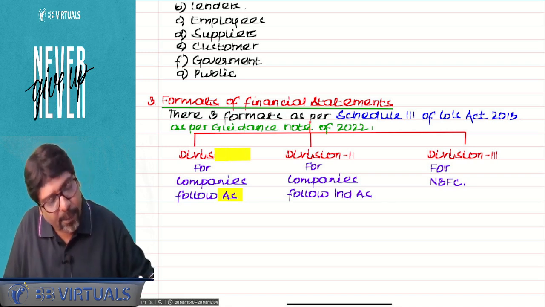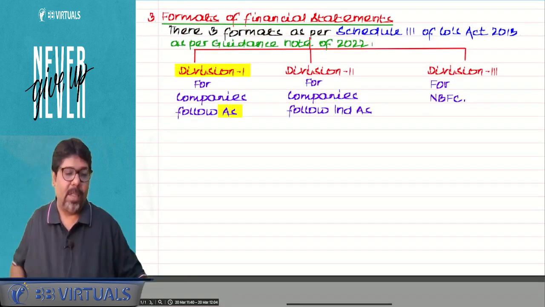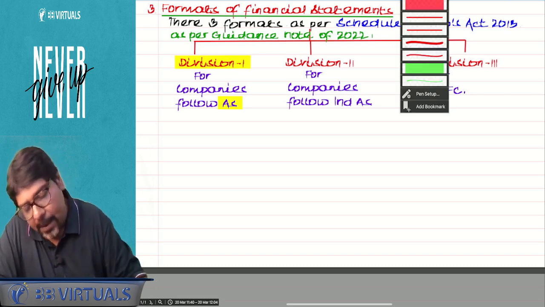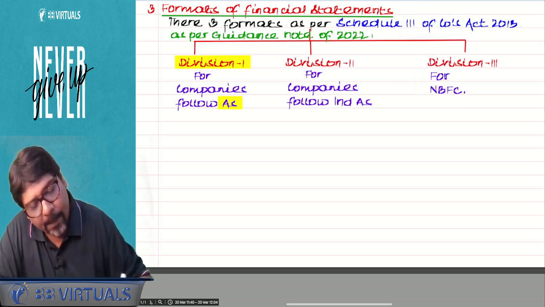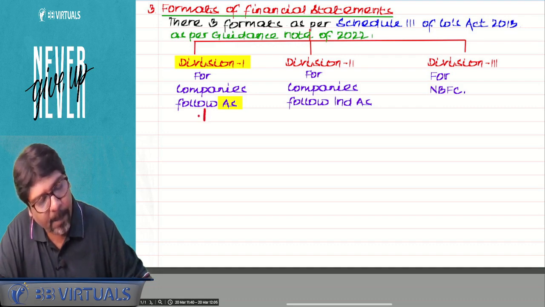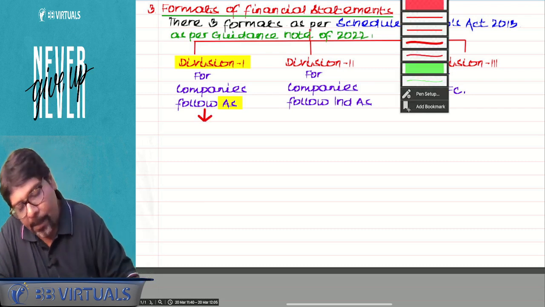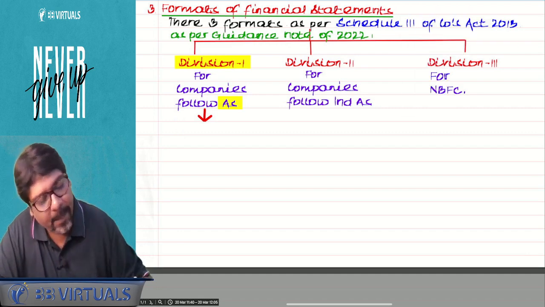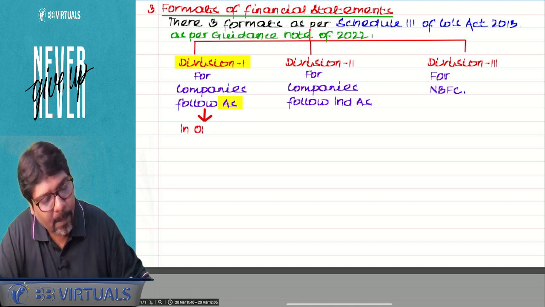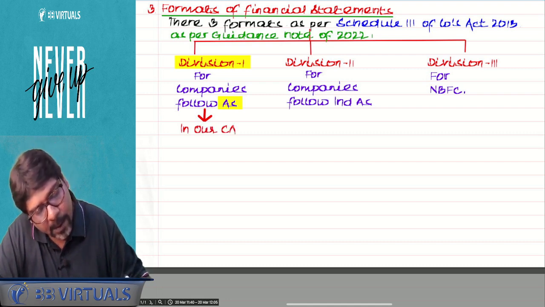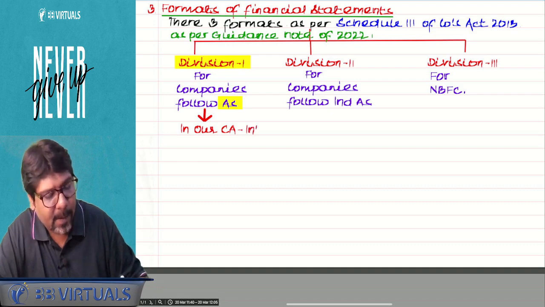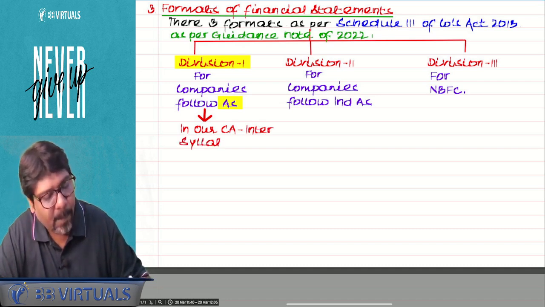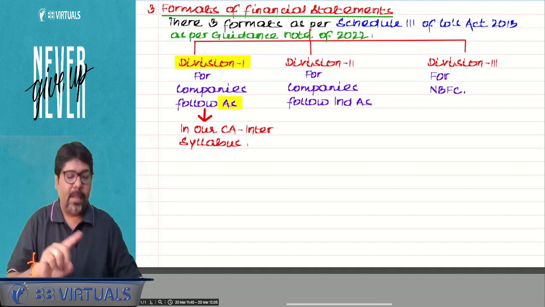Now chartered, our objective is to follow what? Division 1. Correct. This is in our CA Inter syllabus.